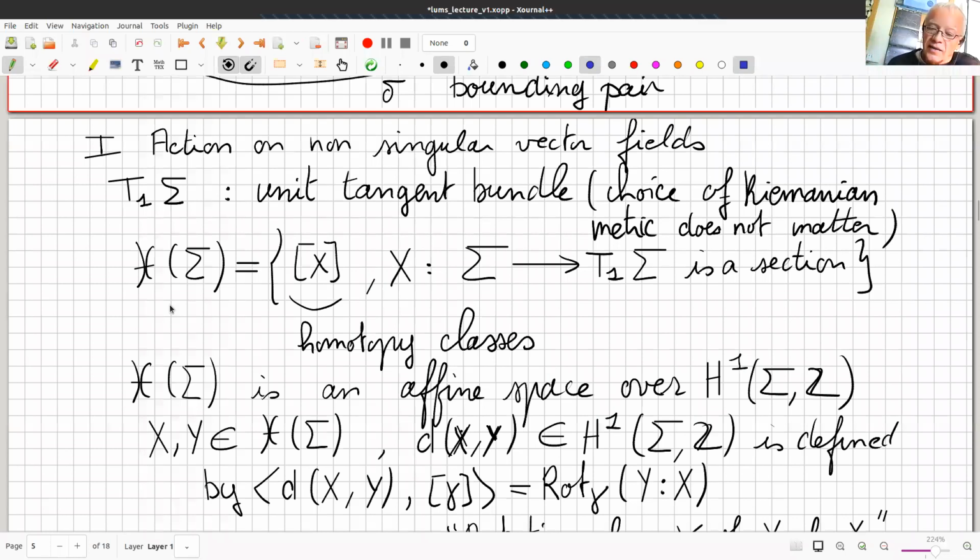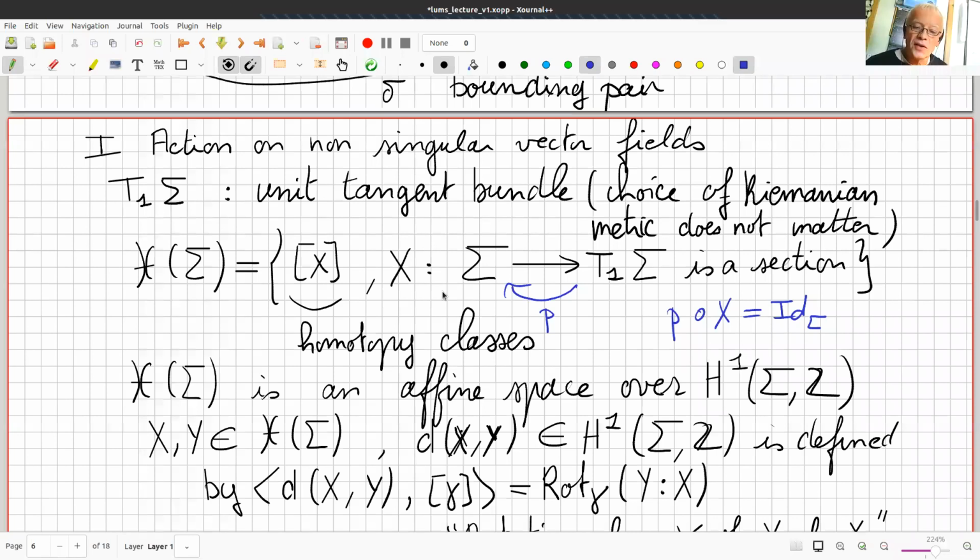And I take homotopy classes of sections of this bundle. This means that here you have a projection map P, and you want P composed with the section to be the identity of sigma. So you take homotopy classes of unit vector fields. And in fact, this is a rather simple set.